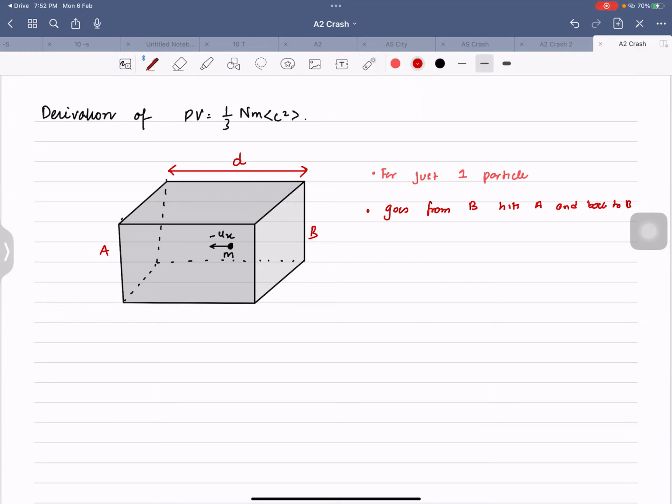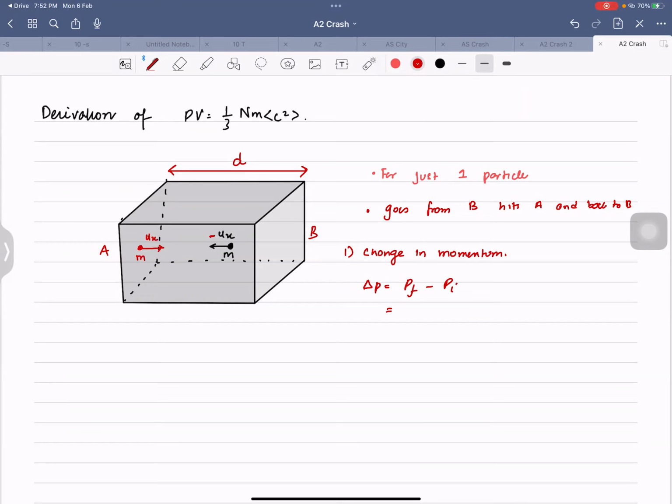Within that time, the first thing is you're going to find the change in momentum. If it's going in this direction, I've written it as minus ux. You can take it otherwise as well, and it has mass m. The change in momentum, as you've done in AS, is final momentum minus initial momentum. Final momentum is when this particle moves backwards with the velocity of ux.